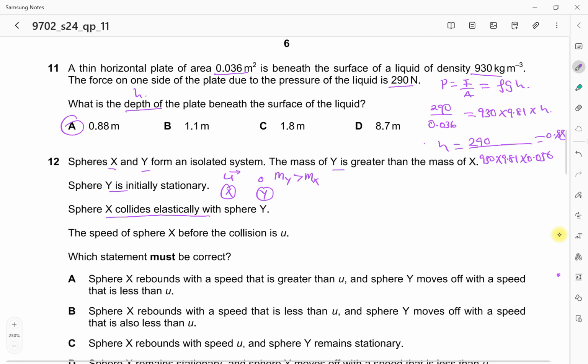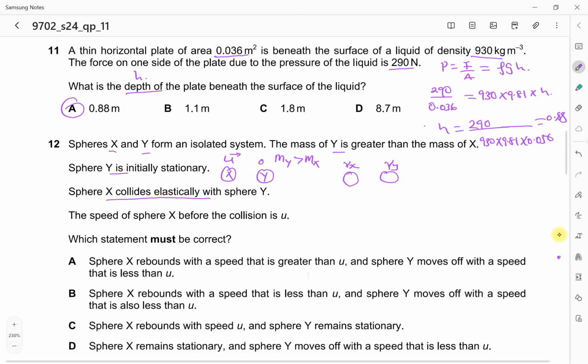So if I consider conservation of momentum, let's say after the collision, the speed of this is going to be Vx and the speed of this is going to be Vy. Of course, there is no possibility of Y moving backwards. But they said sphere X collides elastically with sphere Y. So let's first investigate the statements given here.